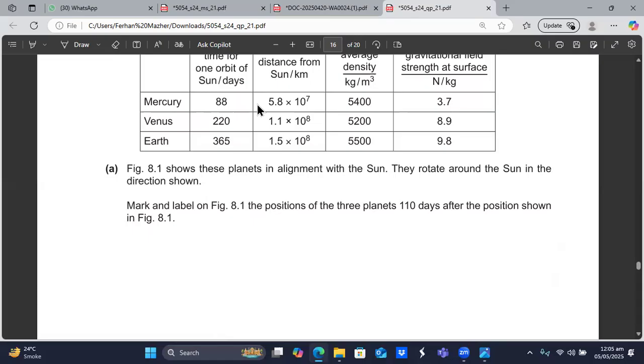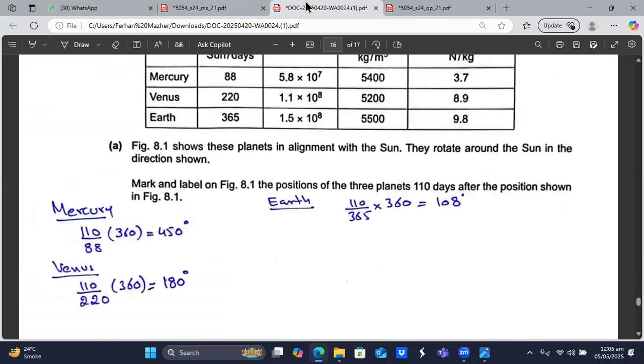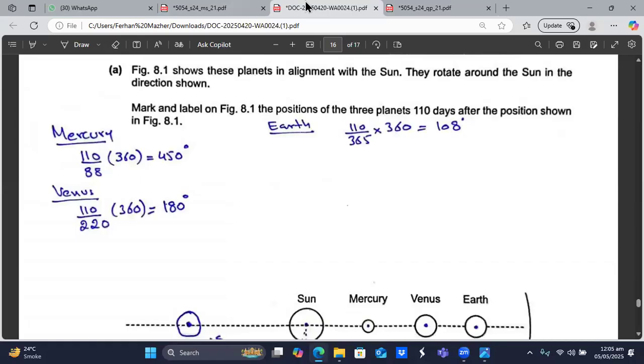Sorry, I said something wrong. For Mercury, 110 divided by 88 multiplied by 360, so Mercury would have moved 450 degrees around the Sun.